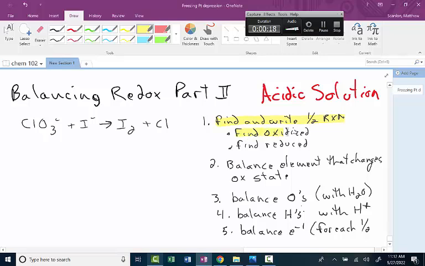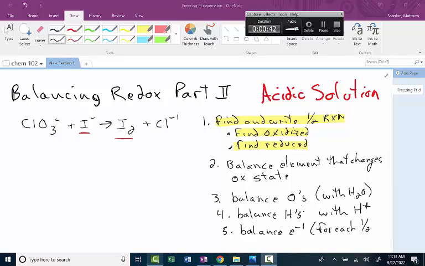So you got to find what's oxidized and find what's reduced and write those half reactions. I'm going to do that right now. So I check oxidation states, and as always, I check. I is -1 and it's 0 here, and chlorine is -1.